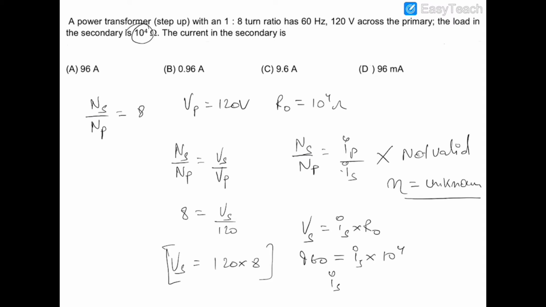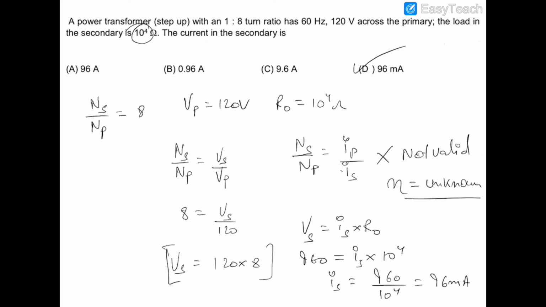So Is is equal to 960 upon 10 to the power 4. So this is equal to 96 milliamperes. So the correct answer is option number D.